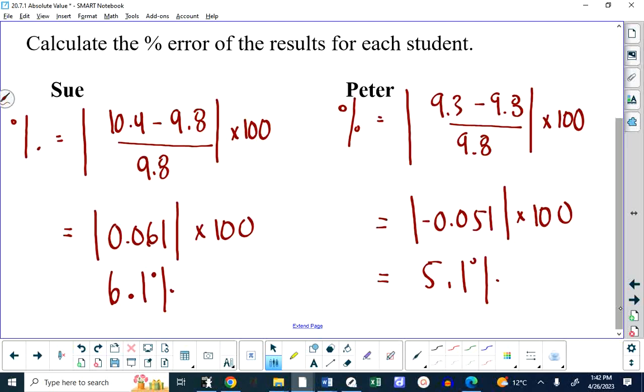But listen, how would these numbers be different if the absolute value signs weren't in the equation? Would we still get 6.1 if the absolute value signs weren't there? Yes. What would we get for Peter's? Negative, wouldn't we?